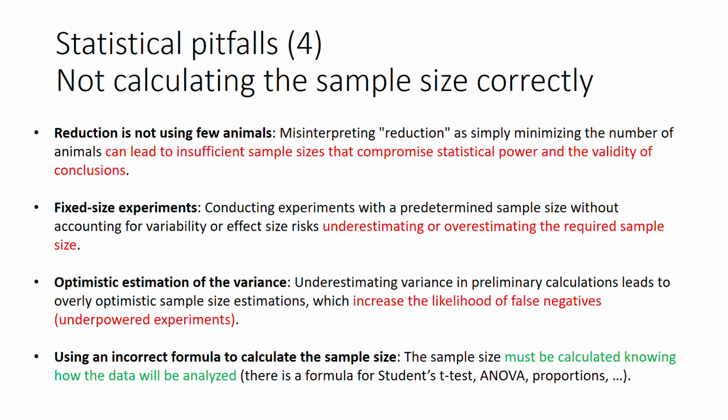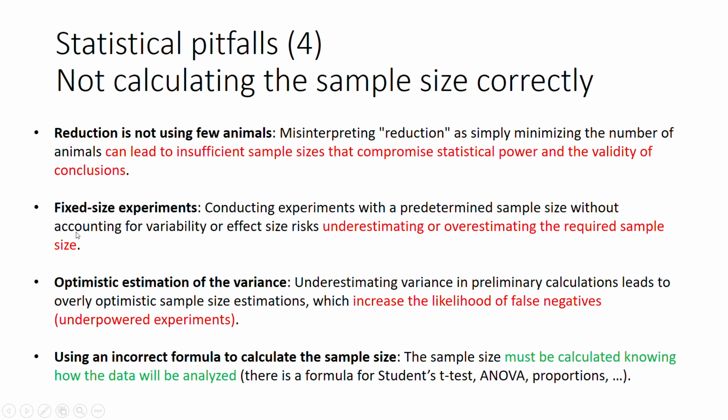Then I may fail to compute the sample size correctly, and a common misunderstanding is that the reduction in the 3 R's means using very few animals. If you do that, insufficient sample sizes will compromise the statistical power and the validity of your conclusions. We would be at the beginning of this cost curve, where we have a high probability of making incorrect decisions.